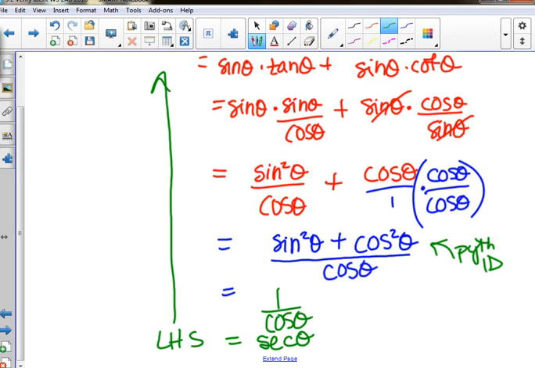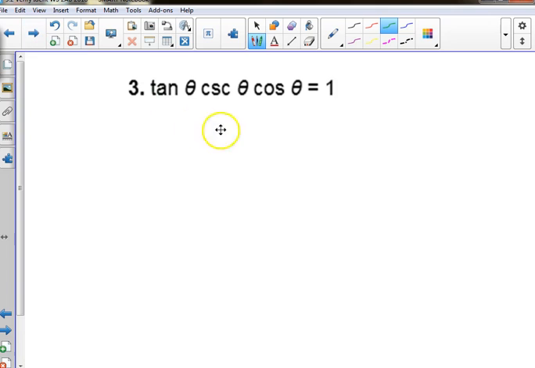These aren't going to be real short and sweet on the quiz either, okay? They're going to require some steps like this. For number 3, oh, we should start with 1. Okay. Actually, I want you guys to do this one. This is all multiplication, so it should be super easy.